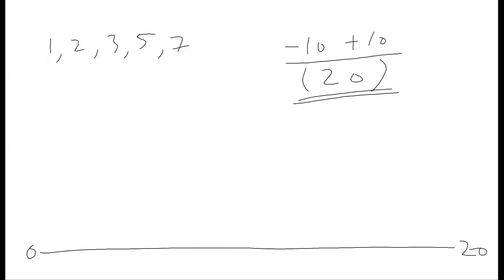If I have 1, I'll sum it up with 10, it will give me 11. So the actual number 1 will be mapped to 11, and I'll put the count as 1. 2 will become 12, with count 1.